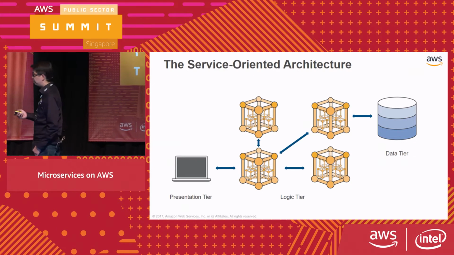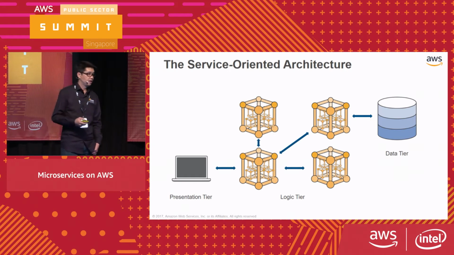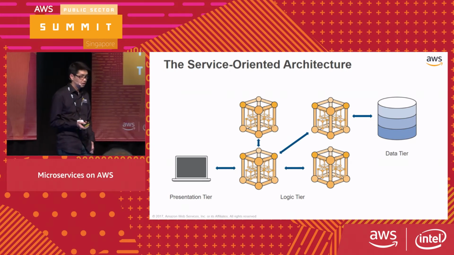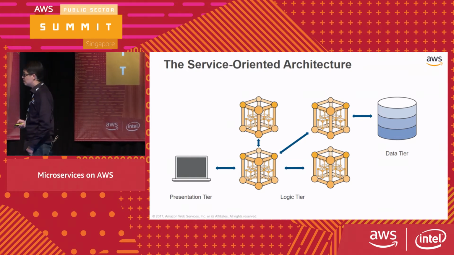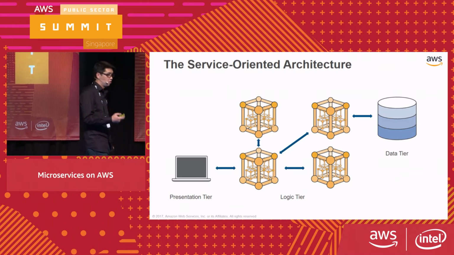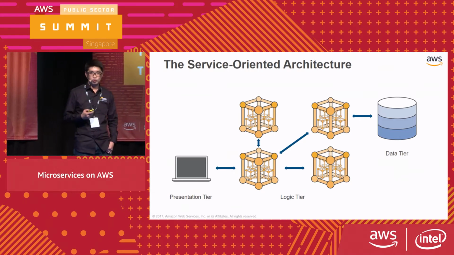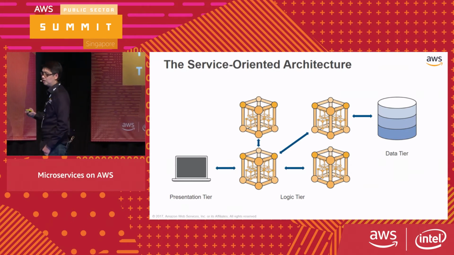A core set of business logic resides on the server as your logical tier. And any data that needs to be persisted to a data store resides in your data tier. This makes it easier to scale, because you can scale different components on the different tiers. So if you need to scale on the server side or the database, you can scale it independently.